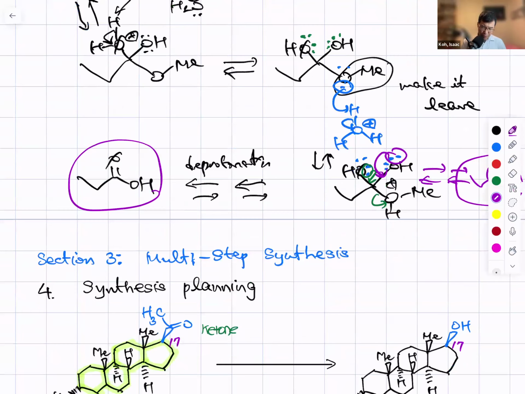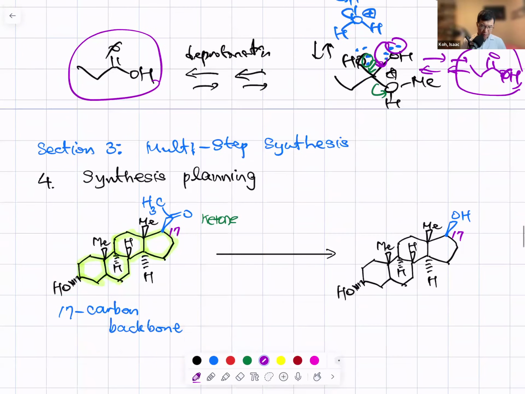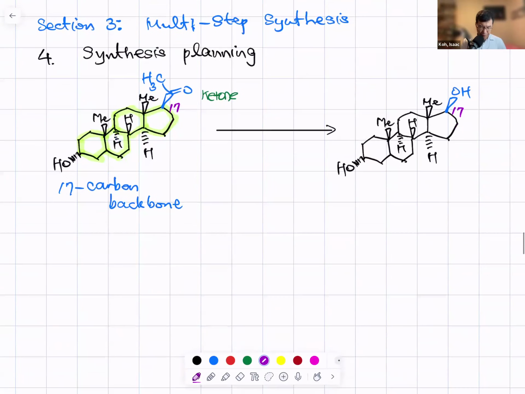Now let's go into multi-step synthesis. Here we have a 17 carbon backbone. This one is the backbone of a steroid, with three 6-member rings fused and a 5-member ring here. And we have two functional groups.